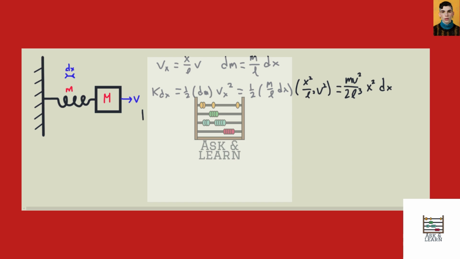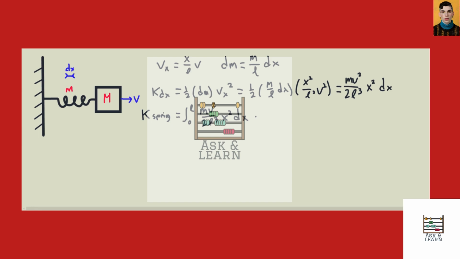So the total kinetic energy of our spring will be integrating from length L to 0 this mv squared over 2L cubed times x squared dx.